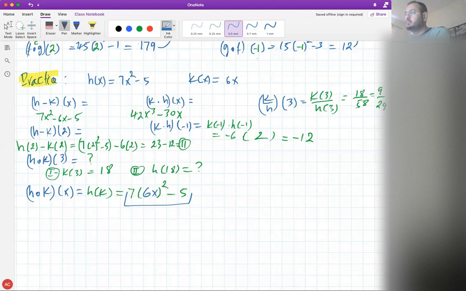These two things: either you evaluate or you find the composition. And that's pretty much it. The rest is addition and subtraction of polynomials. Plug the numbers and multiply, divide, whatever the operation is. Okay, everybody, any questions about the practice?